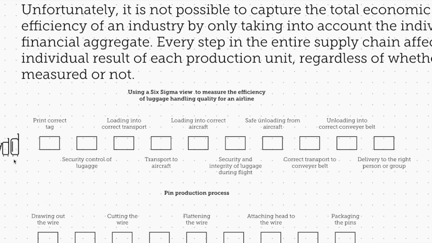So we have different steps, from printing the correct tag to making sure that there are no hazardous materials or any type of things that could essentially explode. It's quite important actually for air travel, not only for air travel, but especially for air travel. And you have all these kinds of logistics tasks that if one of them is wrong, it will not actually lead to the delivery of your luggage.